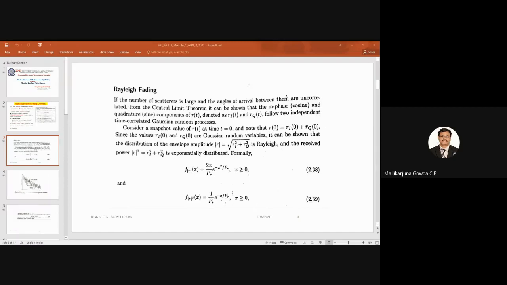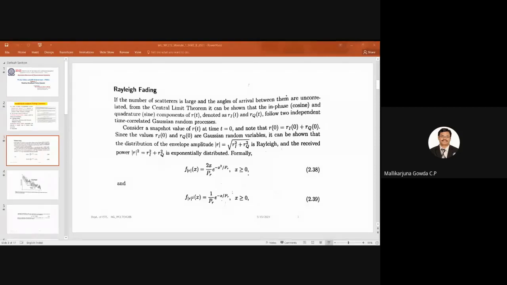R of t is the envelope of the signal. Due to the central limit theorem, we can say that the in phase and quadrature components of the envelope of the signal, which are denoted as Ri of t for in phase and Rq of t for quadrature, of course I might have used different notations in the previous semester.